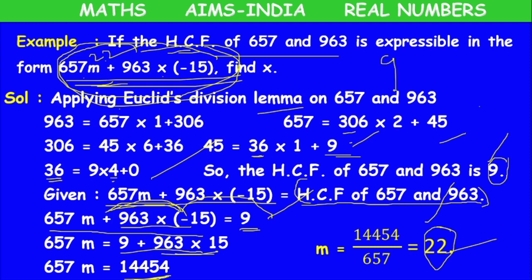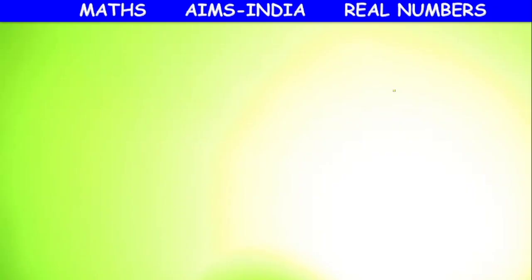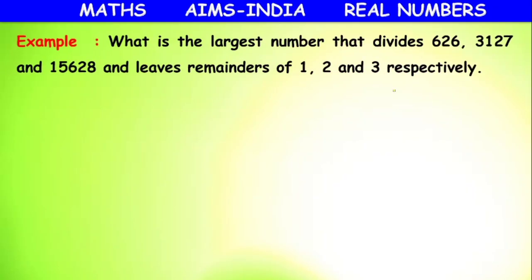So by using Euclid division algorithm, we can find the answer for these types of questions. Next, let's see one more example. What is the largest number that divides 626, 3127, 15,628 and leaves remainders 1, 2, 3 respectively?